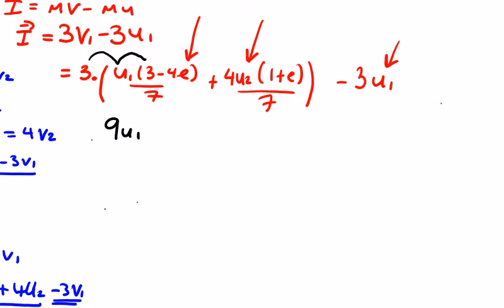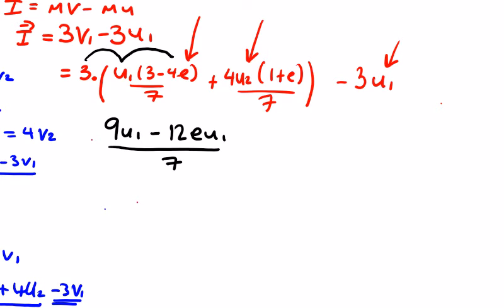And I'm going to have 3 times u1 times minus 4e, which is minus 12eu1. This might look a bit confusing for now, and that's going to be all over 7.